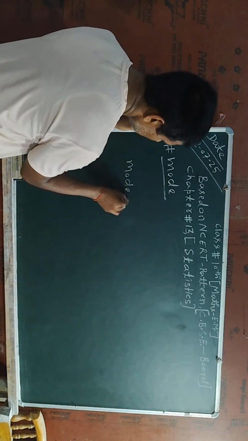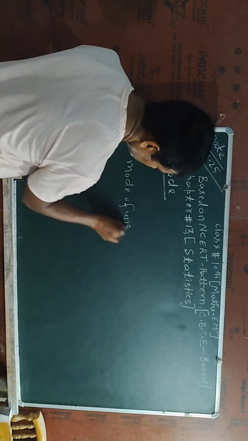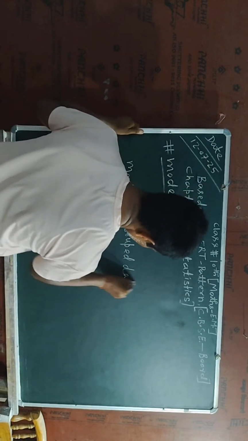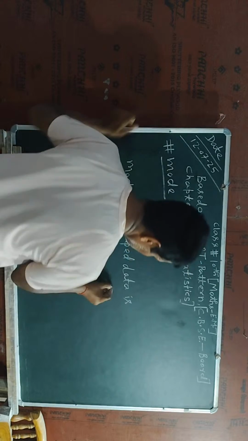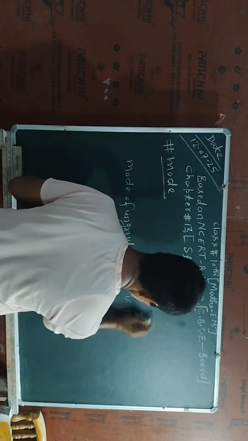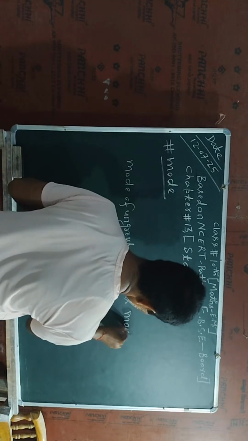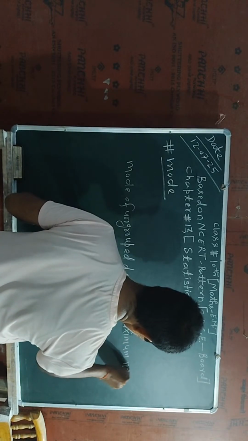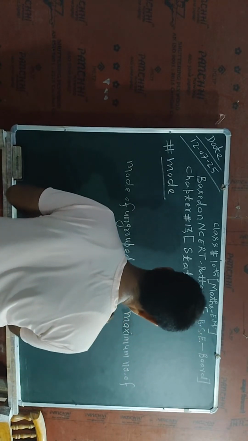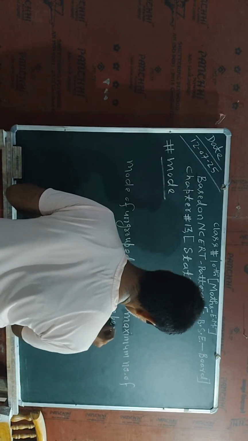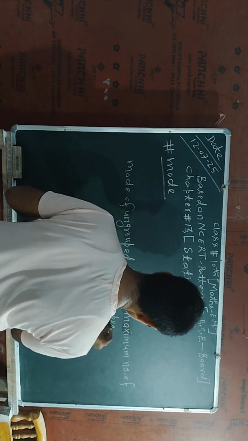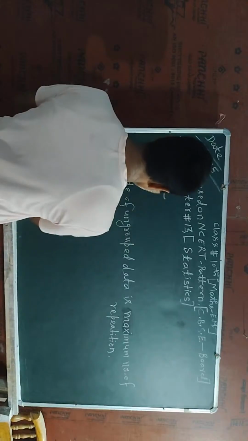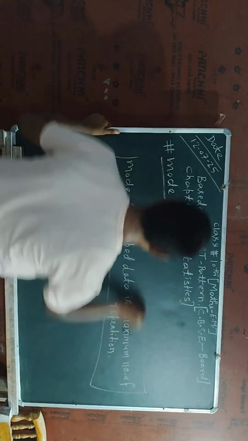Mod of ungrouped data is equal to the maximum number of repetitions.